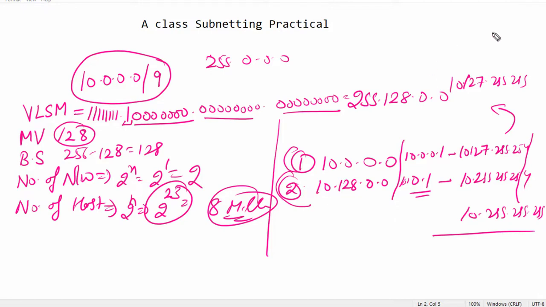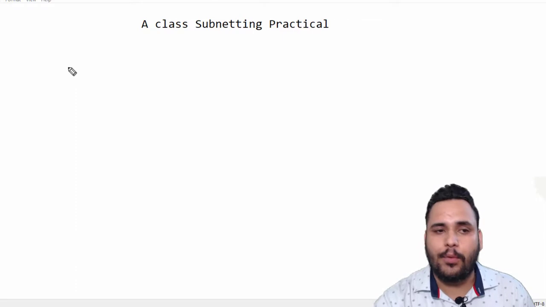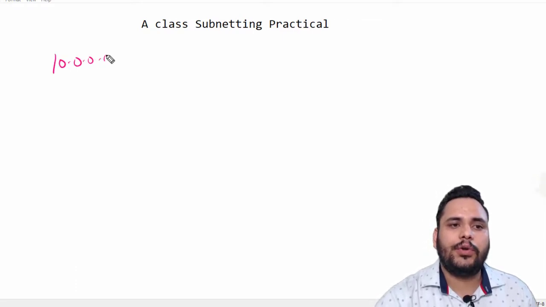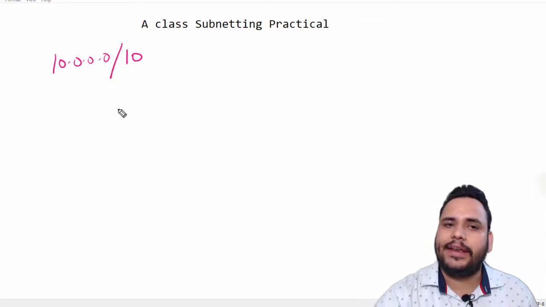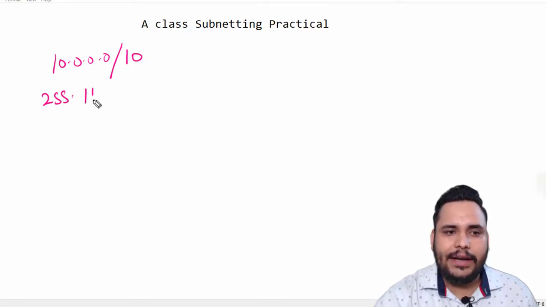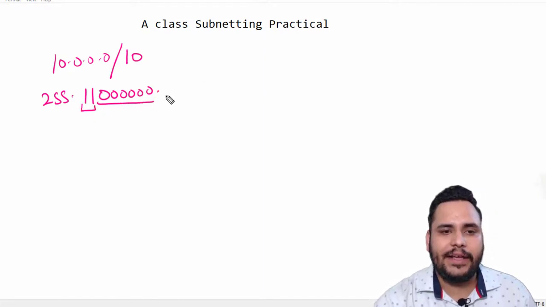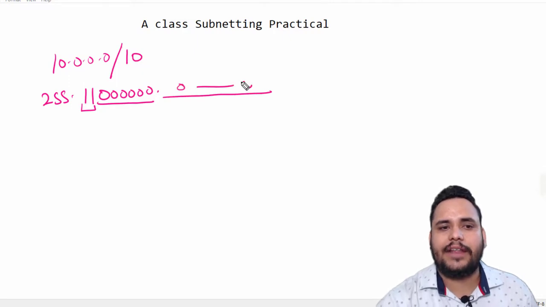Okay, so I am taking another example of A class, if you want to divide into more IPs. So I am going to use /10. 255, then 8, 9 and 10. These bits belong to the subnet ID and this is your host part, and 16 zeros are there.